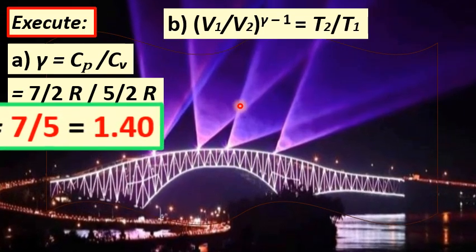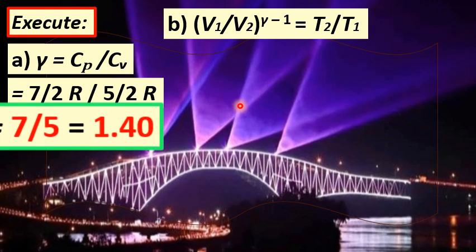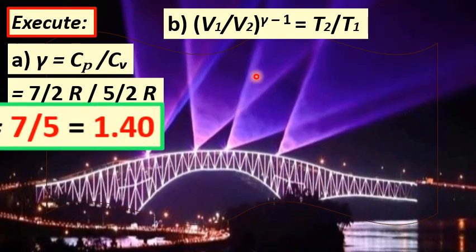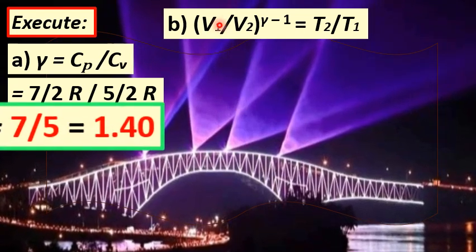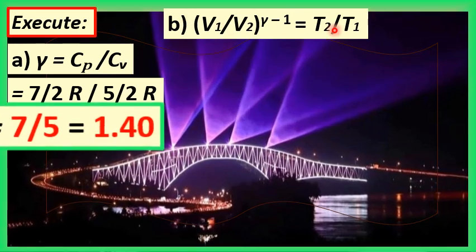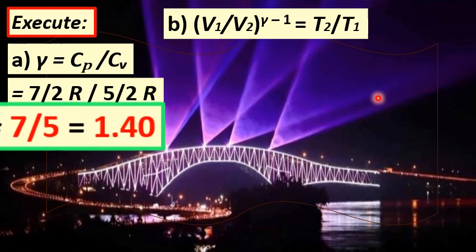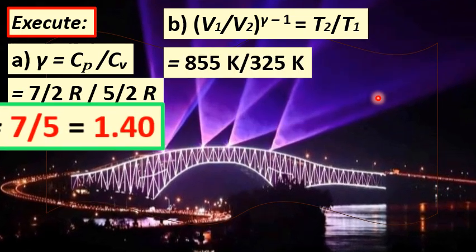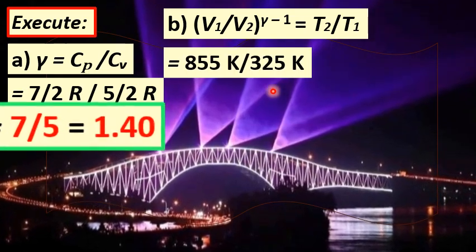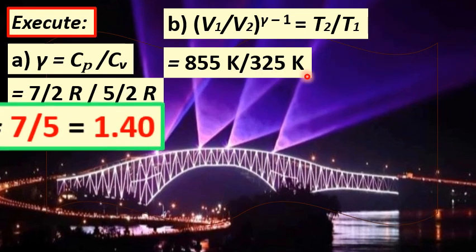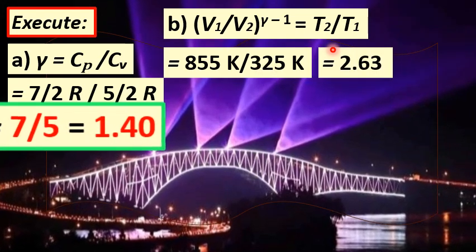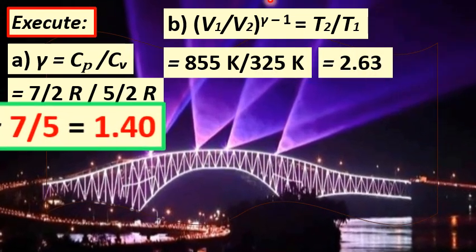And for question letter B, before we find the value of V sub 2 using this equation, we first determine the ratio T sub 2 over T sub 1. That is 855 Kelvin divided by 325 Kelvin. So their ratio is equal to 2.63.